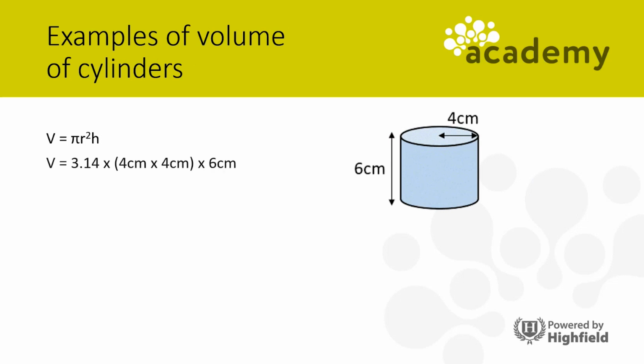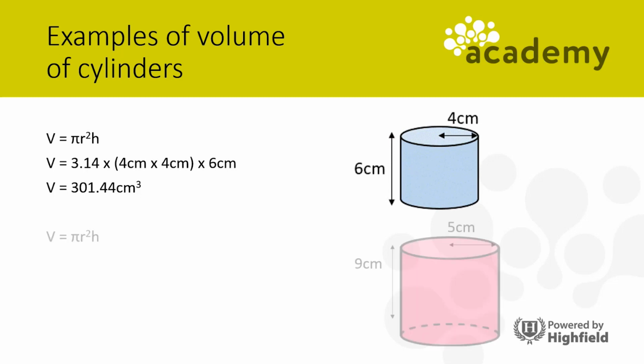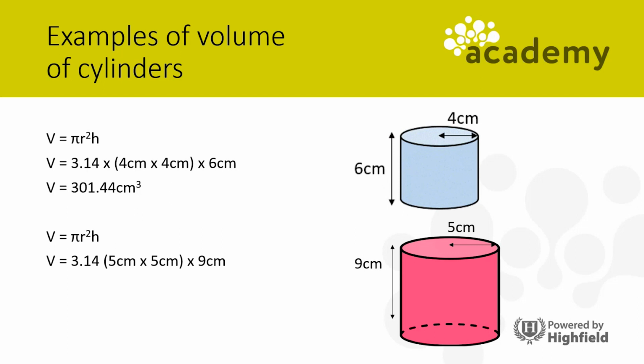In this example, V equals 3.14 times 4 times 4 times 6, which is 301.44 centimeters cubed. In this next example, it would be 3.14 times 5 times 5 times 9 centimeters, which is 706.5 centimeters cubed.